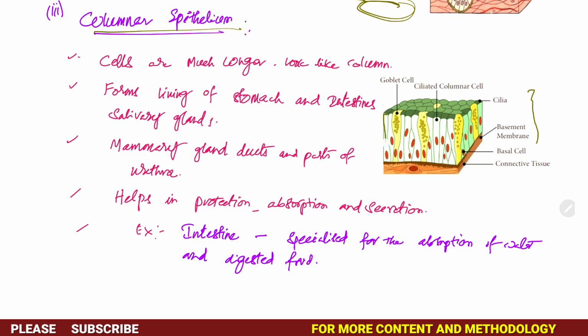Yes, you can see here, these cells are much longer than broad. It also forms the lining of the stomach and intestines, and is also found in salivary glands in the mouth. In the intestines, the columnar epithelium is specialized for the absorption of water and digested food that we eat.